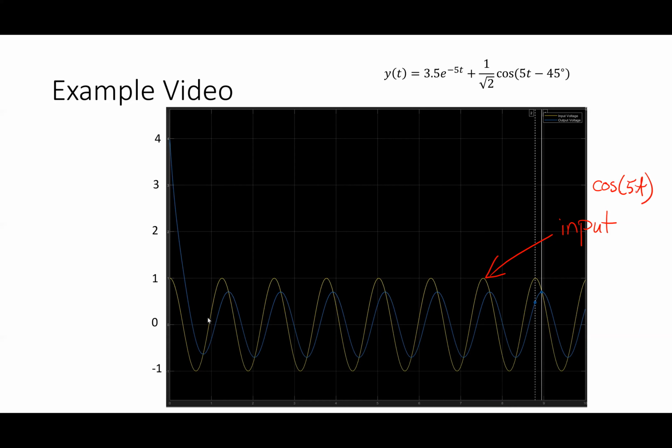The blue is the output. Notice, and this is from the video, I snipped it, I'm trying to show the phase difference. There's a 45-degree difference, right? The output is 45 degrees to the right. And it's a little bit smaller, right? It's 1 over square root of 2 smaller if I look at the amplitudes carefully, right?